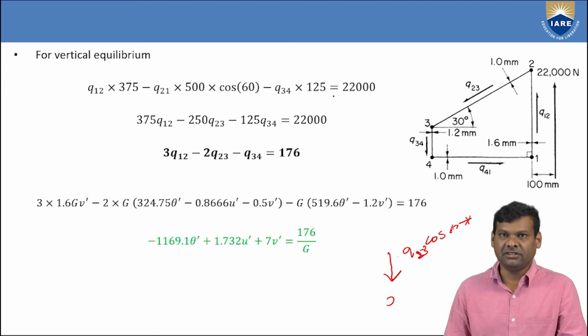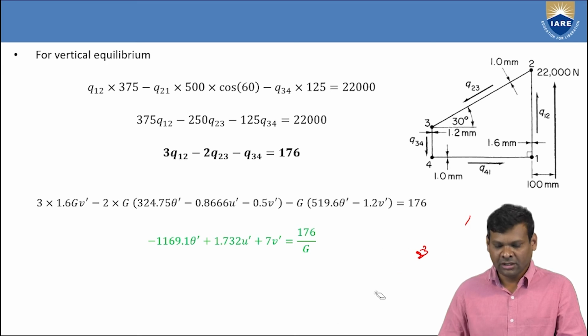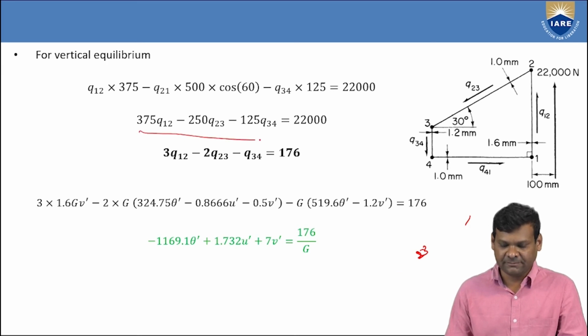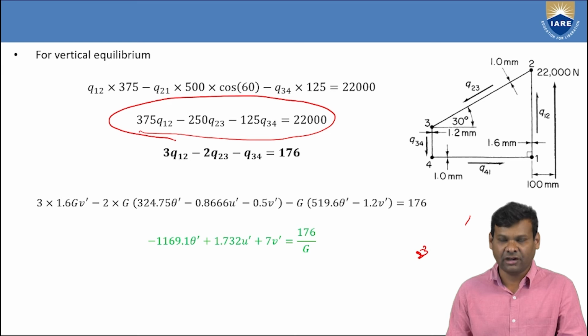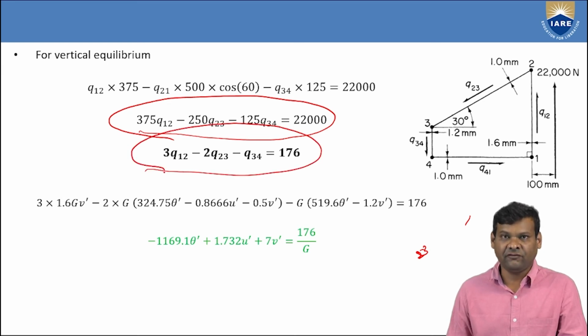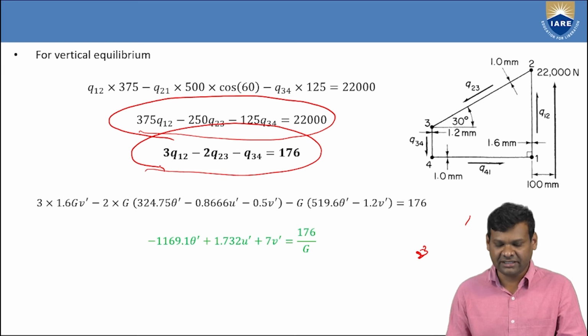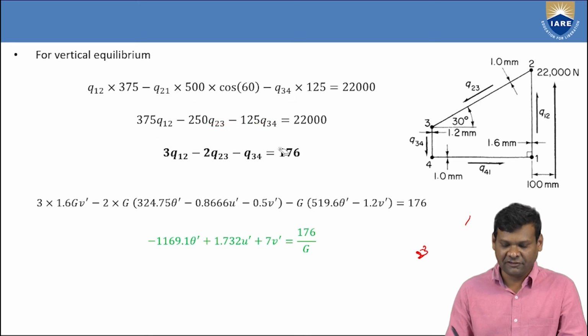This is equivalent to the vertical shear, that is of magnitude 22,000 newtons. Okay, after simplification, this is what we get. And on further simplification, we get 3Q12 minus 2Q23 minus Q34 is equal to 174.